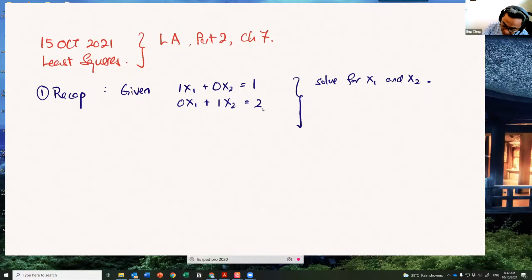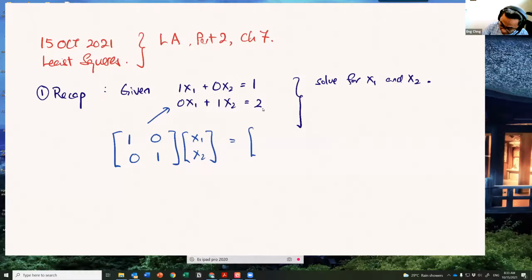But let's just pretend that we do not know how to do this, and continue as we did in the past. We write 1, 0, 0, 1 to represent the matrix of coefficients, then x1, x2 here, and then we represent 1, 2.